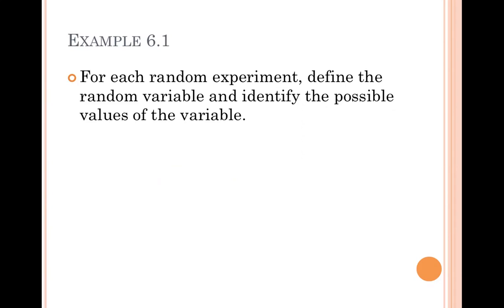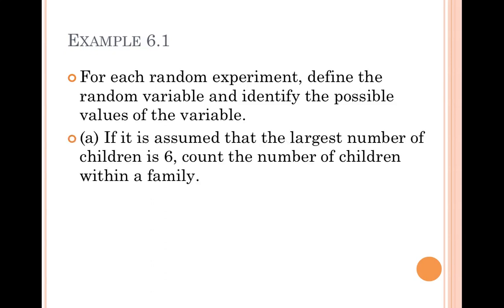Okay, we're going to look at example 6.1 from your text. For each random experiment, define the random variable and identify the possible values of the variable. So we're going to try to figure out what X represents and what the possible values for X are. If it's assumed that the largest number of children is 6 in a family, count the number of children within a family.